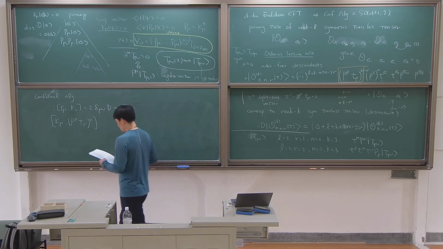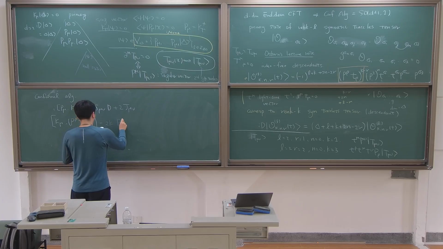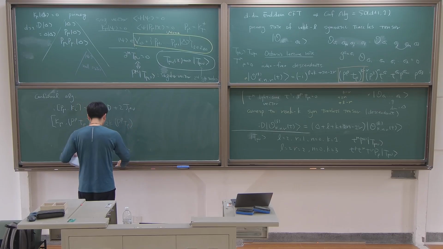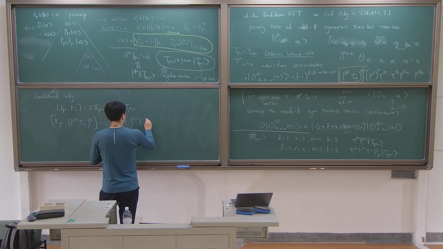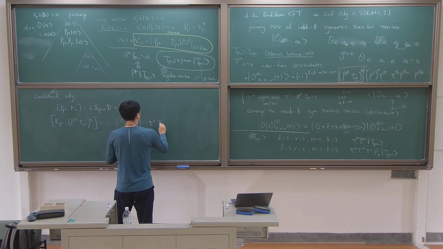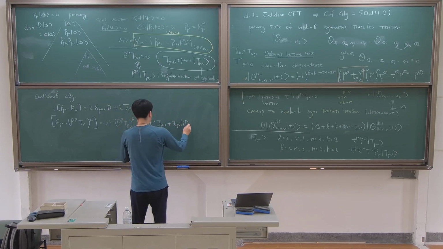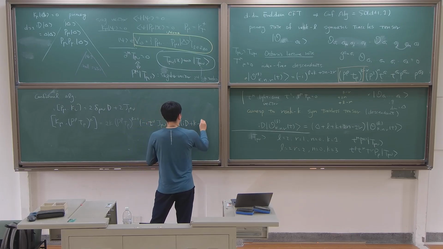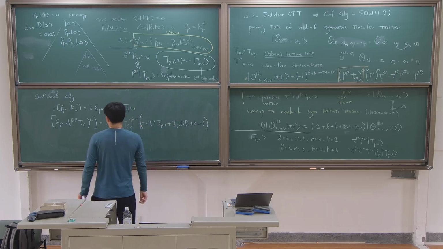Okay, and this one, if you use this one many times, what you get is as follows: 2k p rho, t rho, p nu, like this. Like this thing.